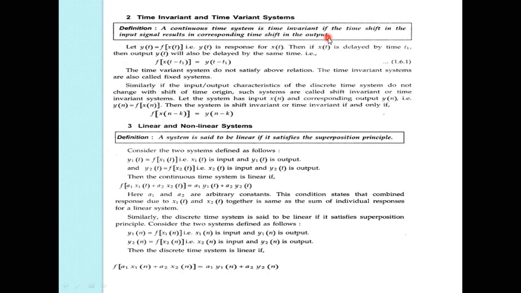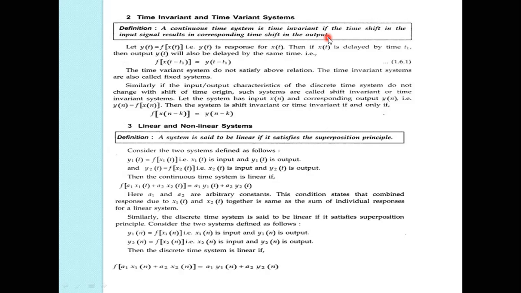Otherwise, if the input is shifted and the output is not shifted, it is time variant. As per the time only the college is going on. Even if some students do not enter the class, we are not bothered about that. We go as per our timings only.